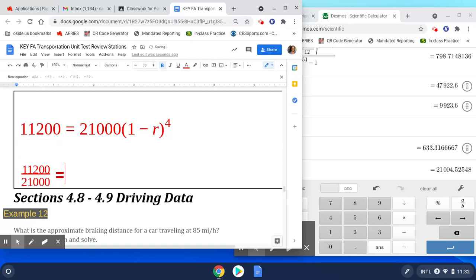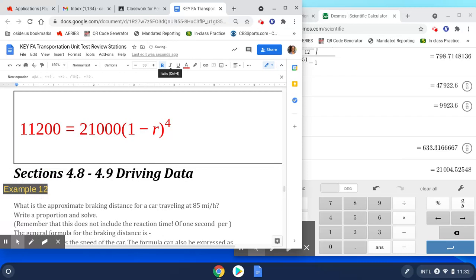And this is equal to 1 minus the rate to the power of 4. Somehow I got out of the equation. Hang on.